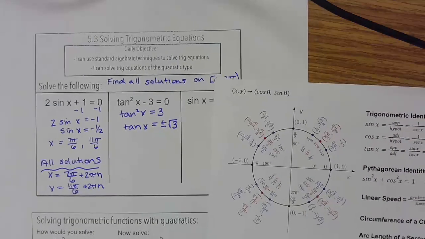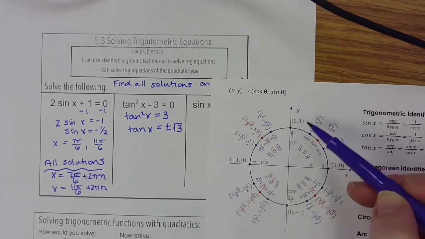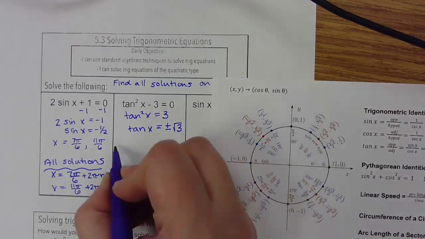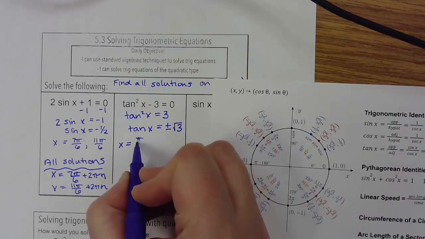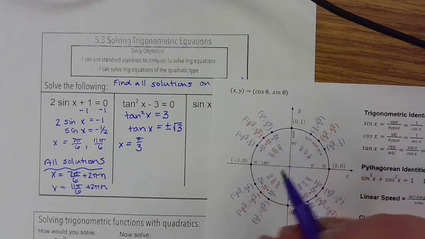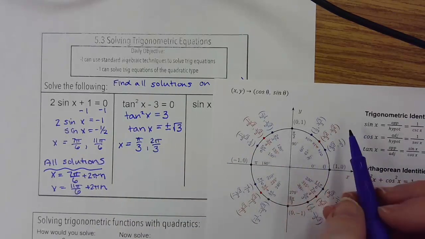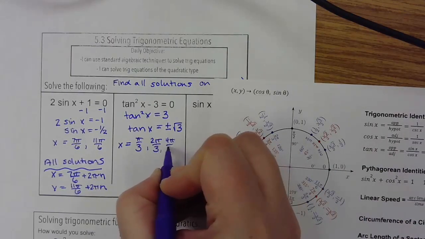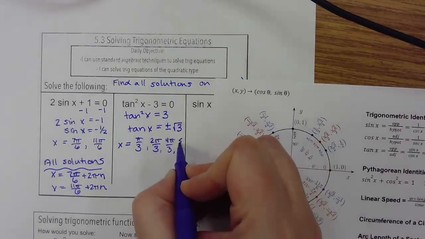So where is tangent square root of 3? I know you guys don't necessarily have this written in on your unit circle, but it is at all of our pi over 3 spots. So those solutions would just be pi over 3, 2 pi over 3, 4 pi over 3, and 5 pi over 3.